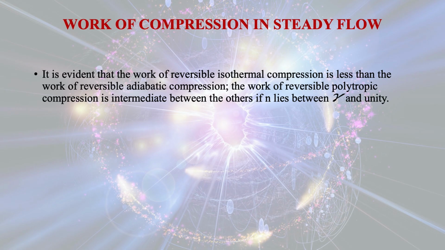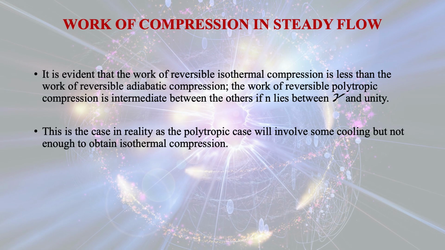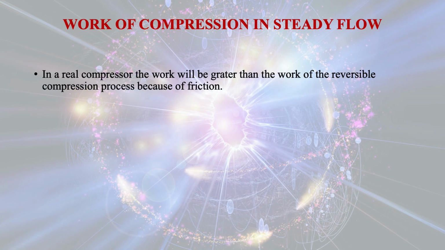The work of reversible polytropic compression is intermediate between the others if n lies between gamma and unity. This is the case in reality, as the polytropic case will involve some cooling but not enough to obtain isothermal compression.